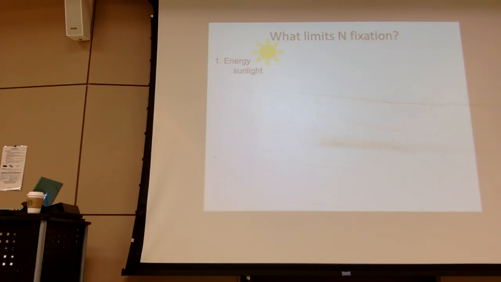No, I think you're right. So the way I'm thinking of it is, I guess then it wouldn't be the availability of nitrogen; fixed nitrogen would be in the atmosphere.